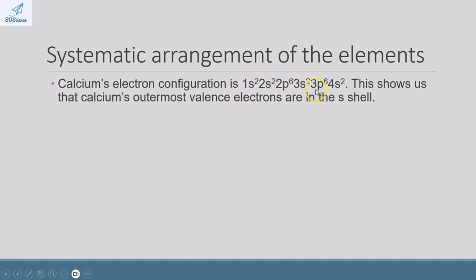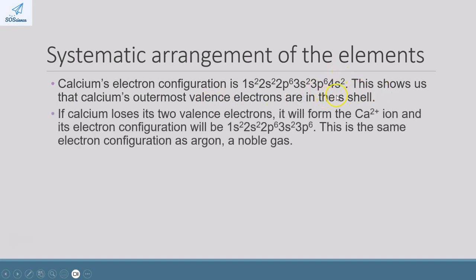And here's calcium's electron configuration. This is the most complex electron configuration that you would be asked to give. Right, and we can see that the first and the second and the third energy levels are full, and the fourth energy level contains 2 electrons in the s shell. So calcium's outermost valence electrons are in an s shell.